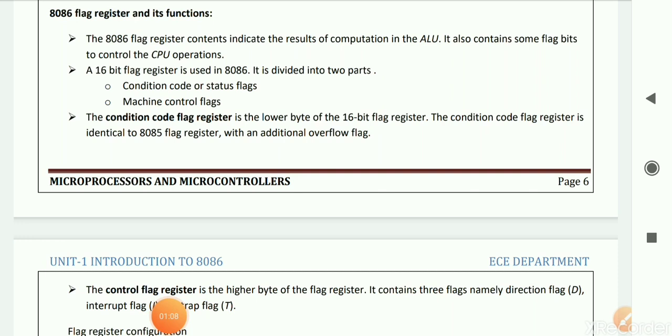So let's start with the flag register. In the 8086, the flag register indicates the result of the computation in the ALU. It also contains some flag bits to control the CPU operation.